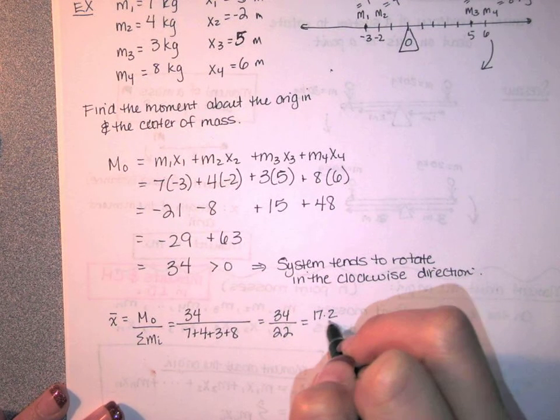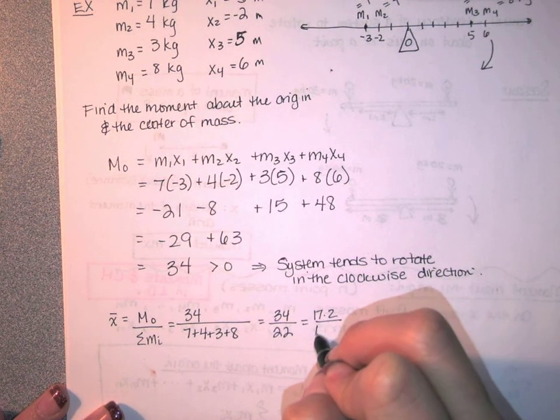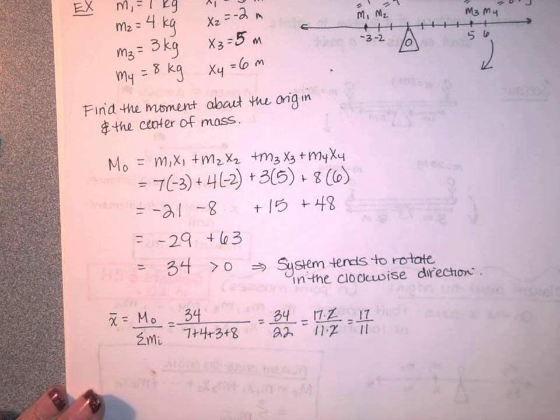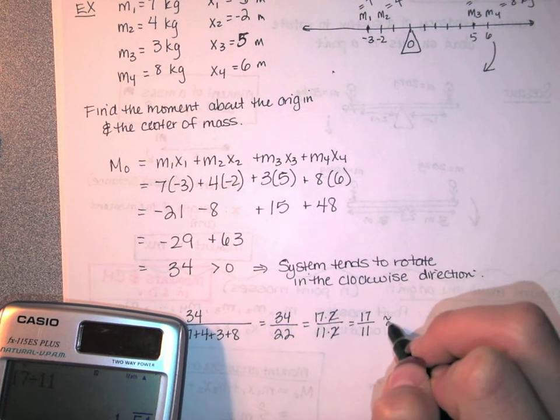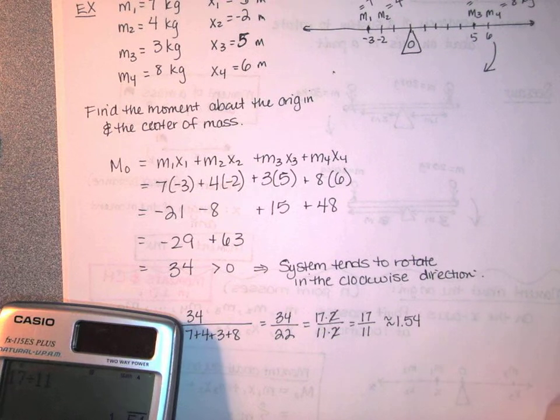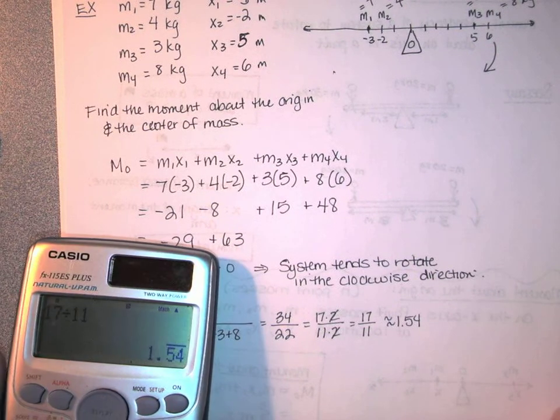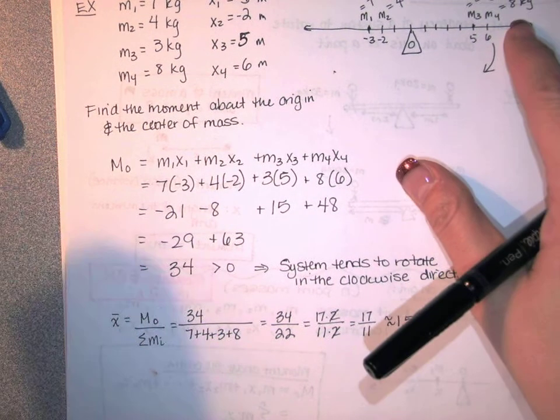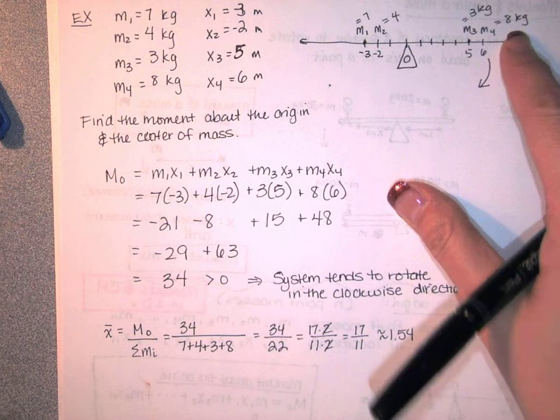So I've got 34 over 22, or 17 over 11, which is a fine number between 1 and 2. But let's see what it is as an approximation. That's approximately 1.54. Okay. It's not nearly as far to the right as I expected it to be, but I guess that's because this mass of 8 kilograms is so large.